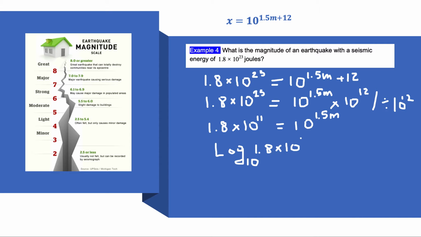The other part is the exponent, which is 1.5 m. So now we convert it from the exponential form into the log form.